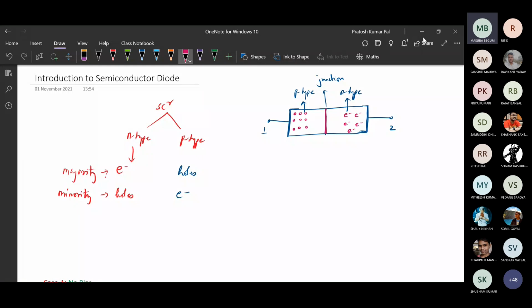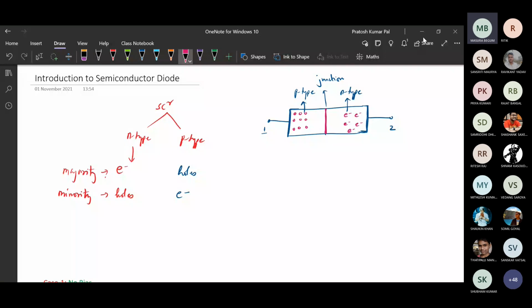So at the junction point, when these two types of materials combine, the holes available in p-type in majority and the electrons available in n-type in majority will combine with each other.